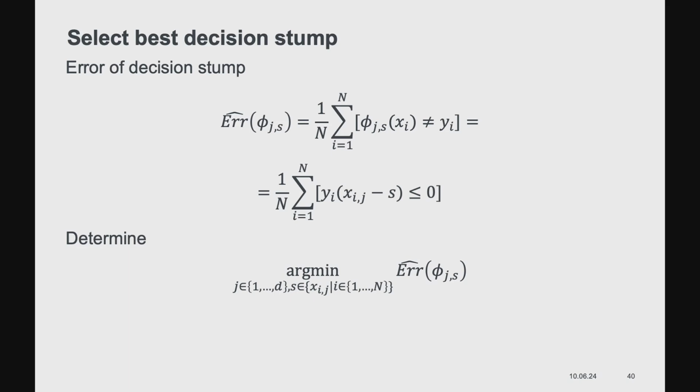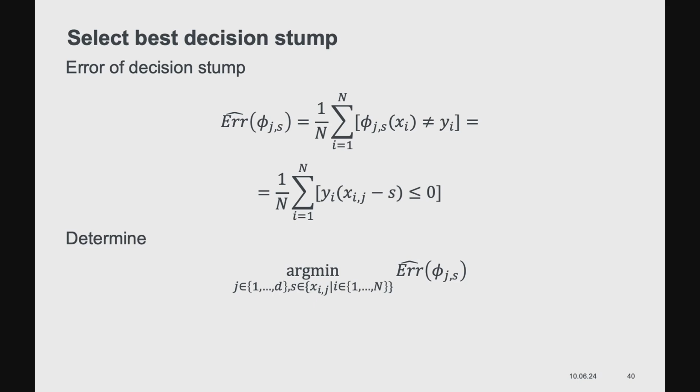That means that the inequality is not given, so it would be 0. And if it's different, then the error rate is increased. And, well, of course, instead of this decision stump, you can just take the definition of this decision stump, and since y_i is plus or minus 1, we can just look at whether this condition is fulfilled and count how often this condition is fulfilled. And this gives us the error rate on such a simple decision stump.